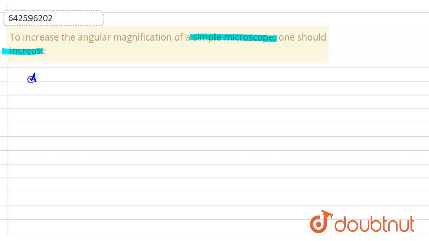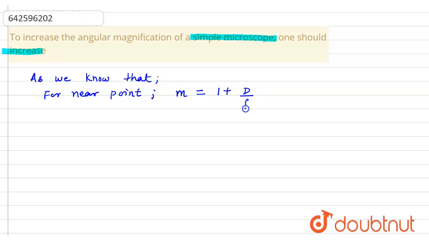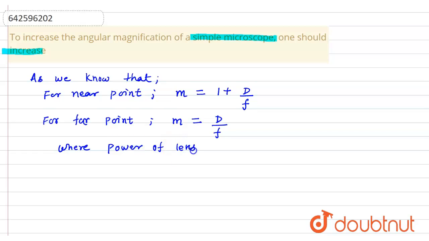So as we know, for near point, the magnification of a simple microscope can be given as 1 plus d by f, and for far point, the magnification can be given as d by f, where the power of a lens can be given as P equals 1 by f.